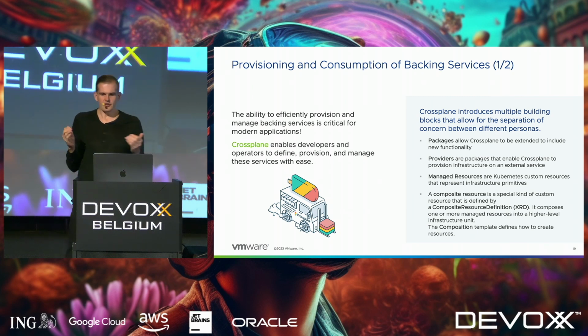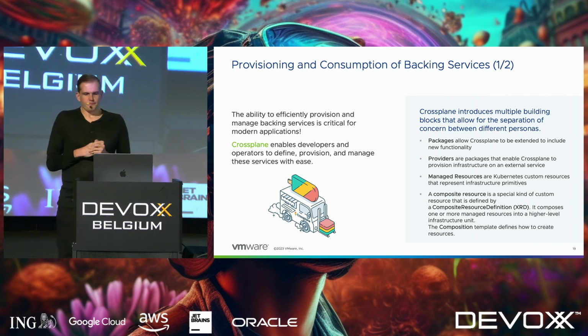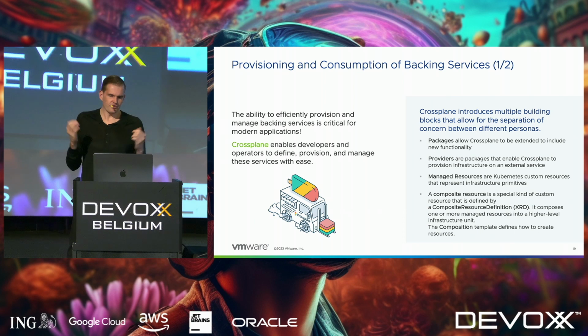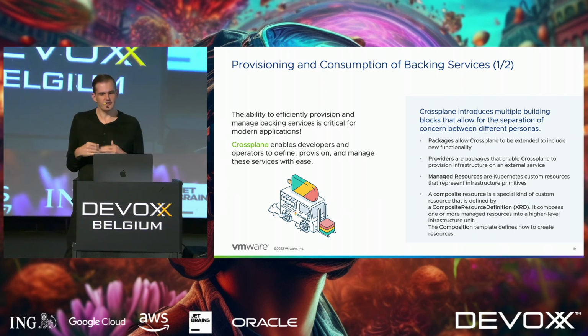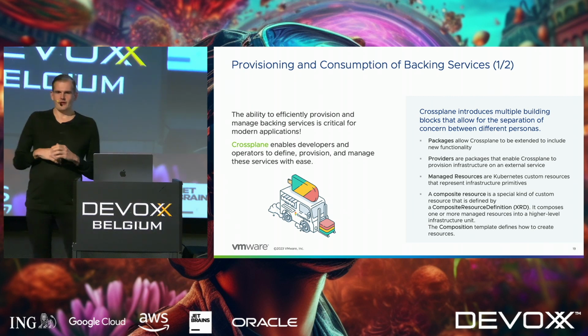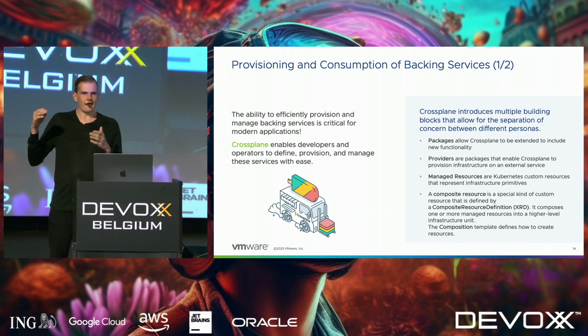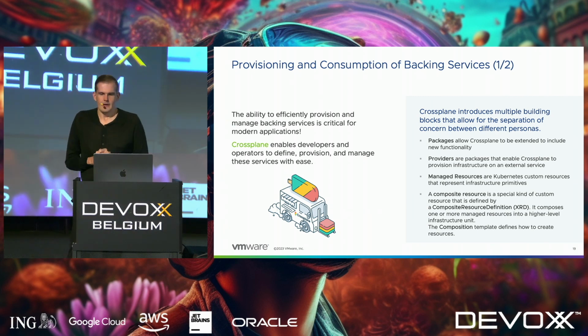So the first one is packages that allow more or less to extend Crossplane, to include new functionality, and then they have providers, which are actually packages. The packages include, for example, the Kubernetes controller and all the CRDs you need to manage this stuff. For example, a provider providing access to all those different AWS services to be provisioned.